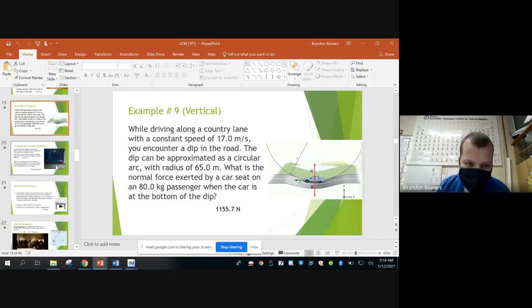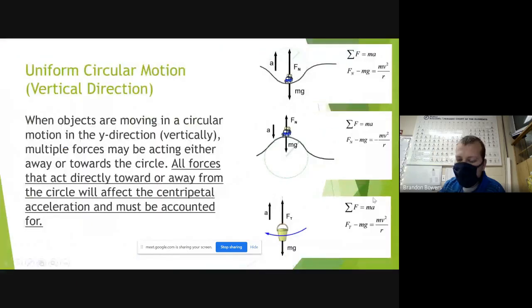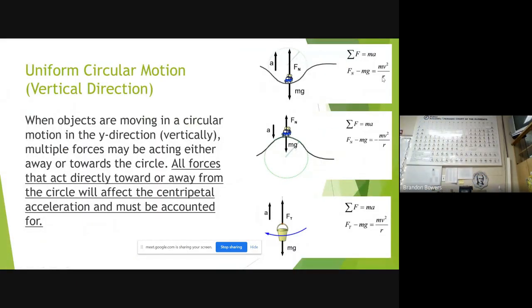All right. So if we go back to this slide, remember, when you're at the bottom of a hill, our force normal is going to be positive minus mg, and our mass and acceleration are still positive.